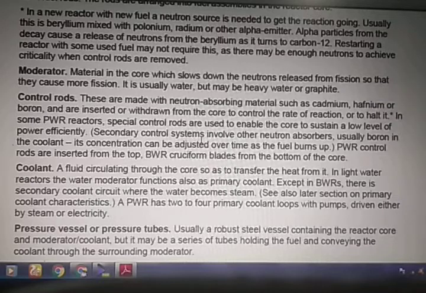This heat is absorbed by a circulating fluid system just above the surface of the core. It transfers heat. Normally, cold water is used as a coolant in most nuclear reactors.